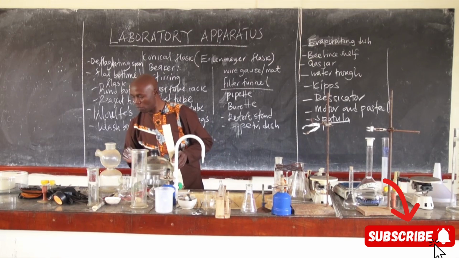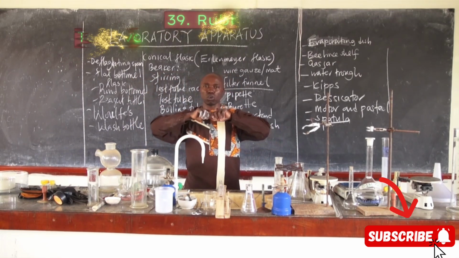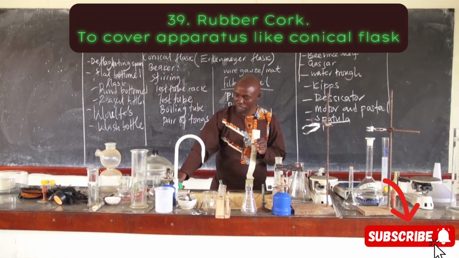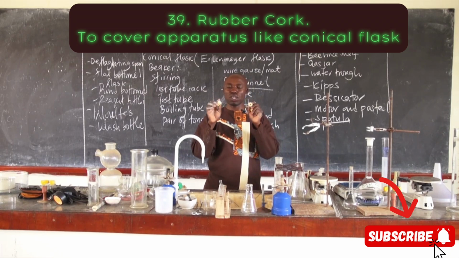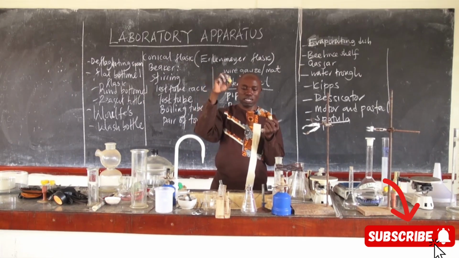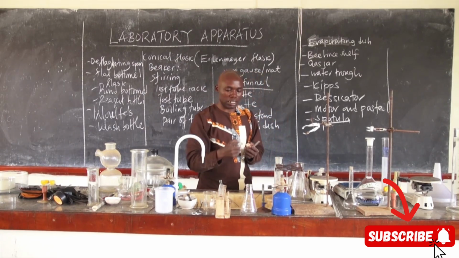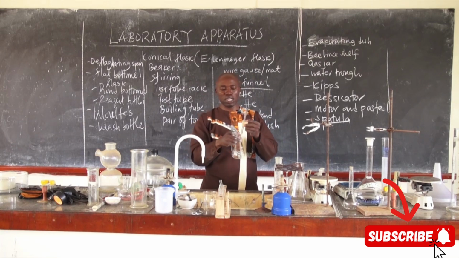Also we have what we call the rubber cork. These are rubber corks. Unfortunately, it's already fixed inside here. So this is called a rubber cork. They are used to cover the mouths of apparatus such as the conical flask. We can use it to cover its mouth here.